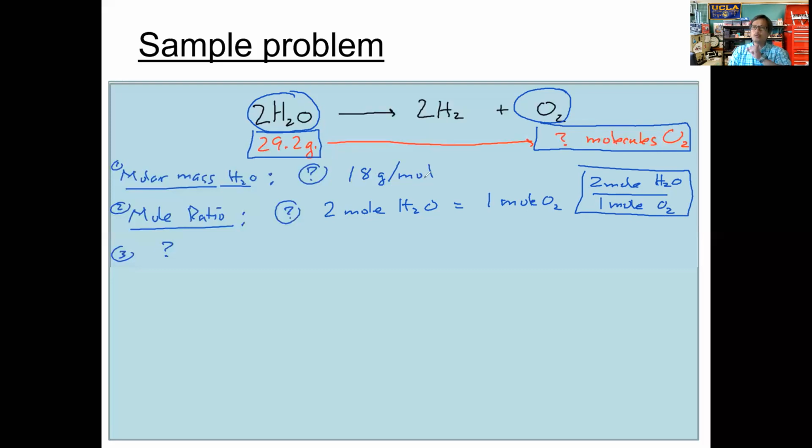Okay. So what's the only missing conversion factor here? What's the only missing one here? Well, we need one that includes molecules here. Okay, and we have that. Remember, we said that a mole of a particular substance, and since we're solving for oxygen here, we're going to use oxygen here. 1 mole of oxygen is going to be equivalent to 6.02 times 10 to the 23rd molecules of oxygen.